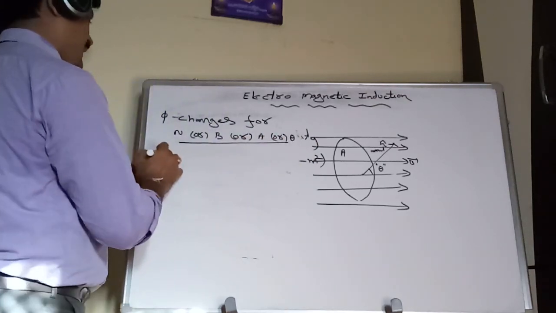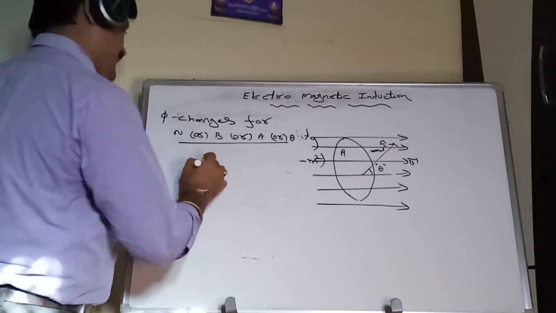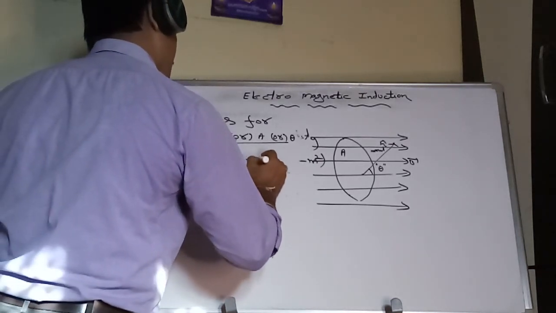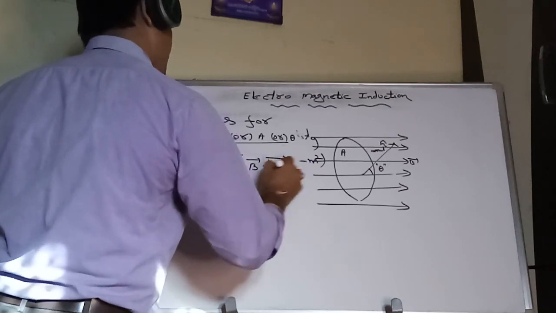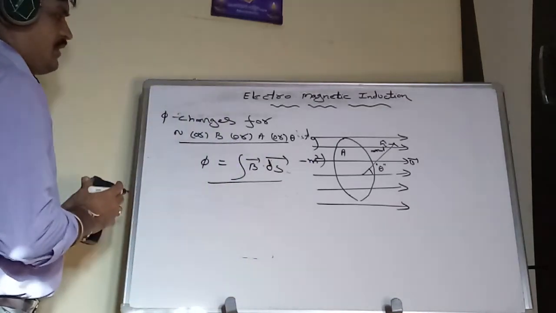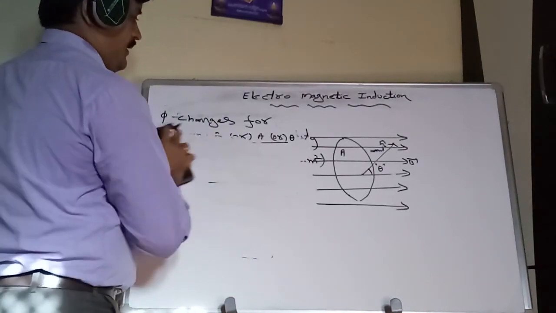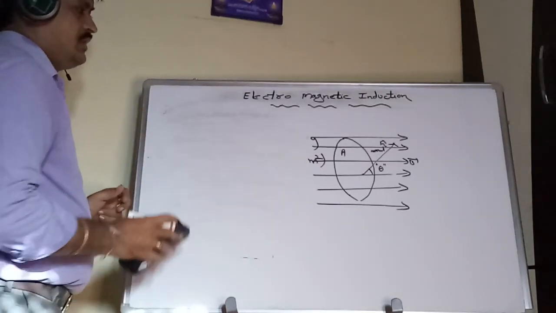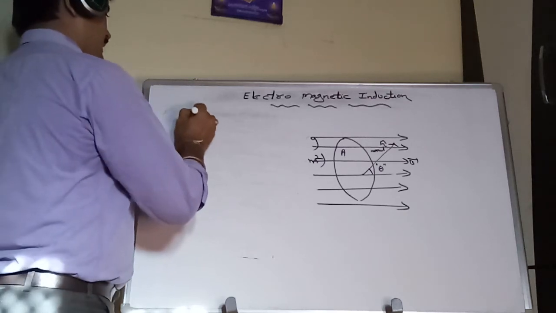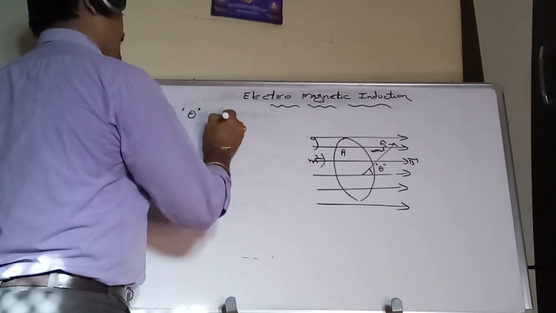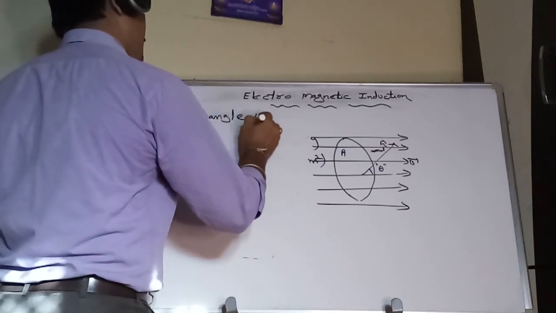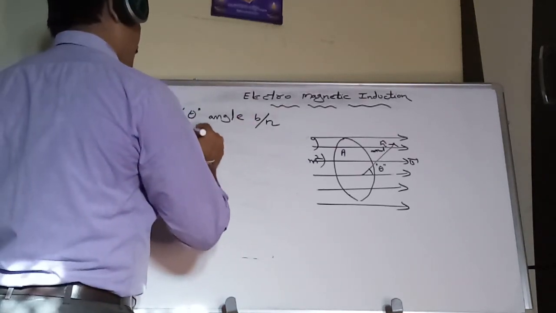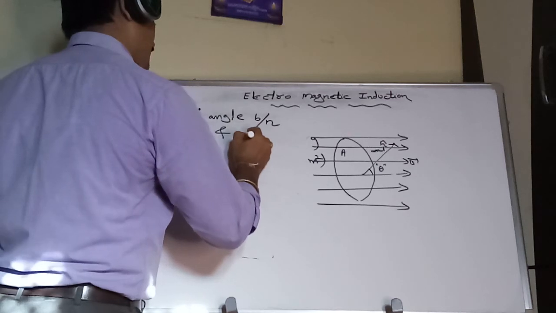In a non-uniform magnetic field, phi is equal to the integration of B bar dot dS bar. Phi can also be positive, negative, or zero, depending on the angle between B bar and A bar.